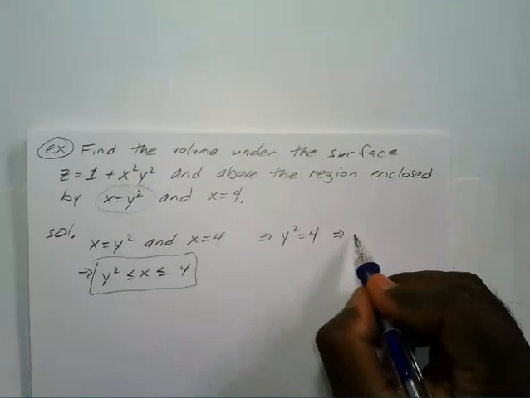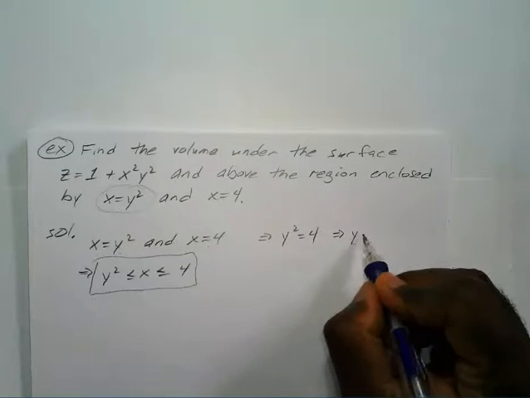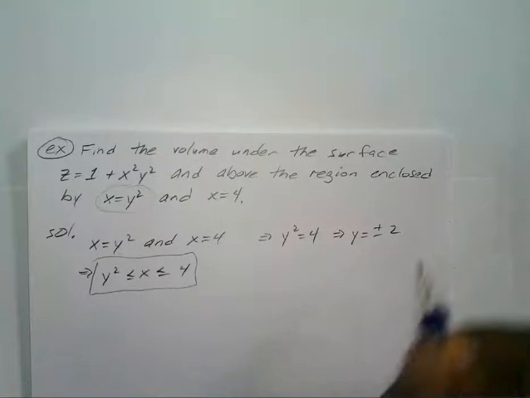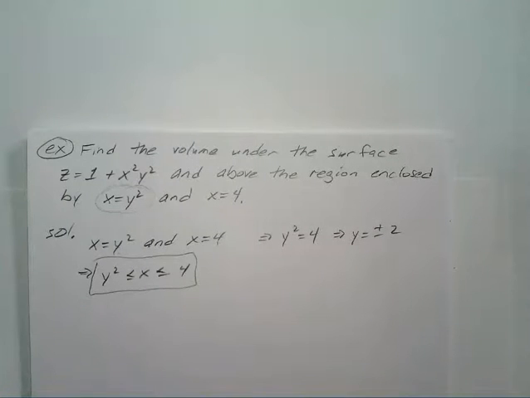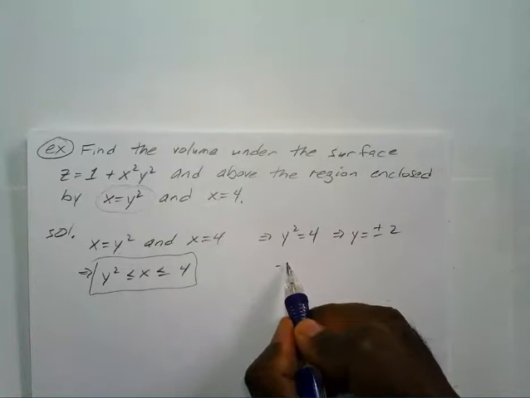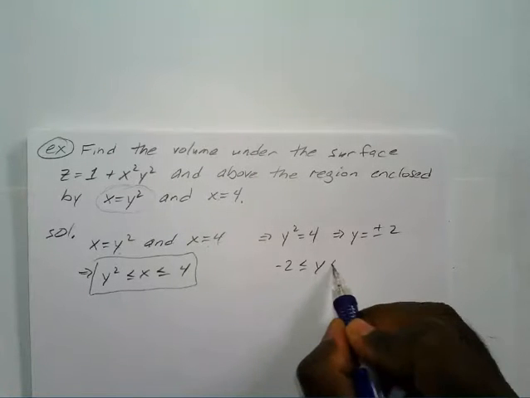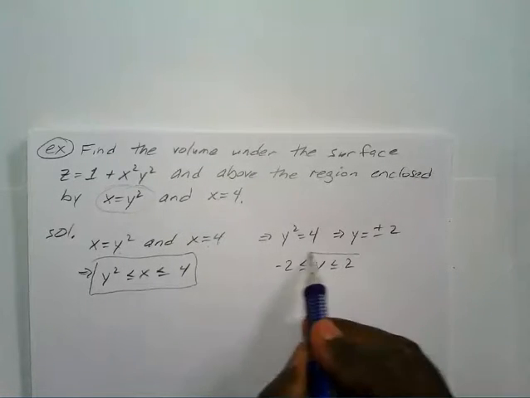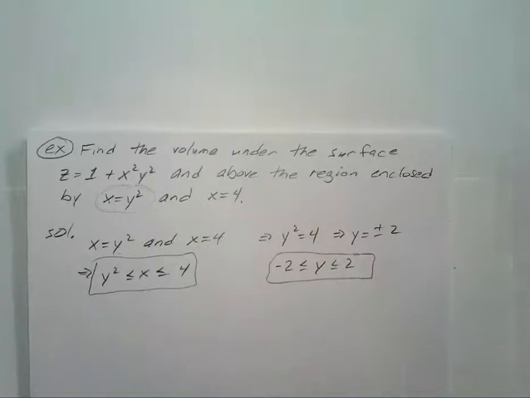It tells us that y is equal to positive or negative 2, which gives us our boundary points, which is between negative 2 and 2. So you have to be able to look at it and figure out your boundaries. They won't always give them to you, but they will give you just enough to be able to figure it out.